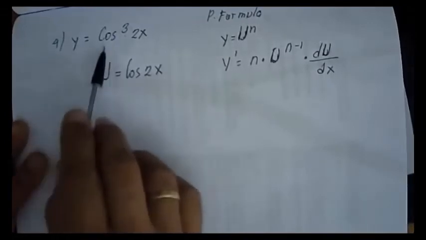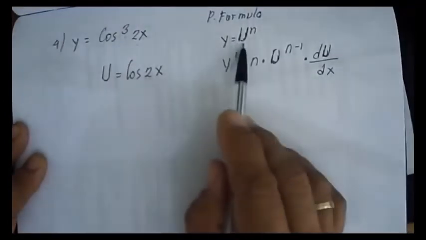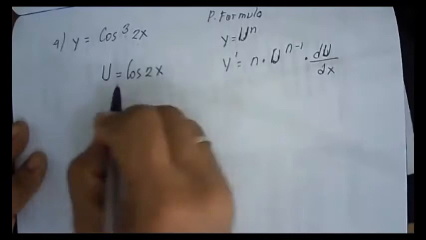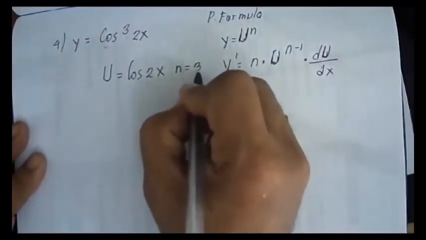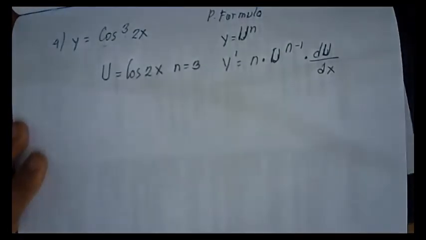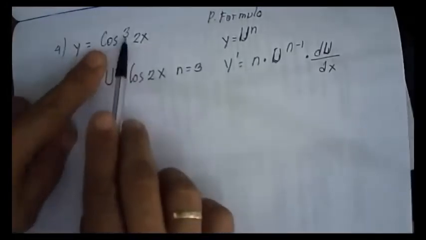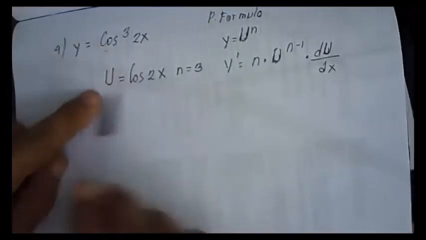So, y is equal to u raised to n. Okay? So, this is our u, cosine 2x, and then n natin ay 3. Nasusundan? Opo. So, this is our u, this is our n, is equal to 3.